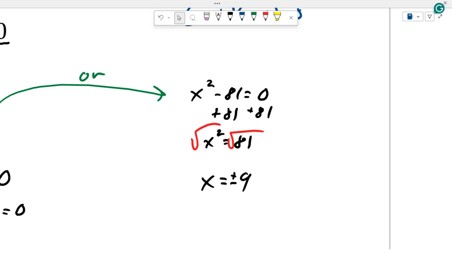If x was positive, when you square it, you get a positive. And if x is negative, that's a negative times a negative, which is a positive. So regardless of whether x was positive or negative, when you square it, you get 81.